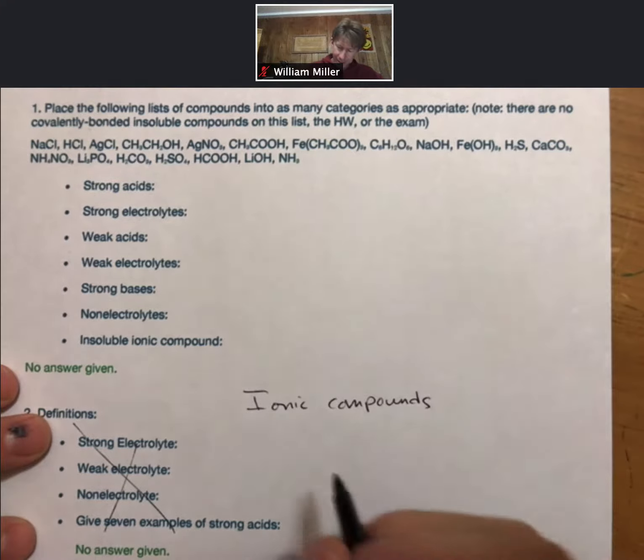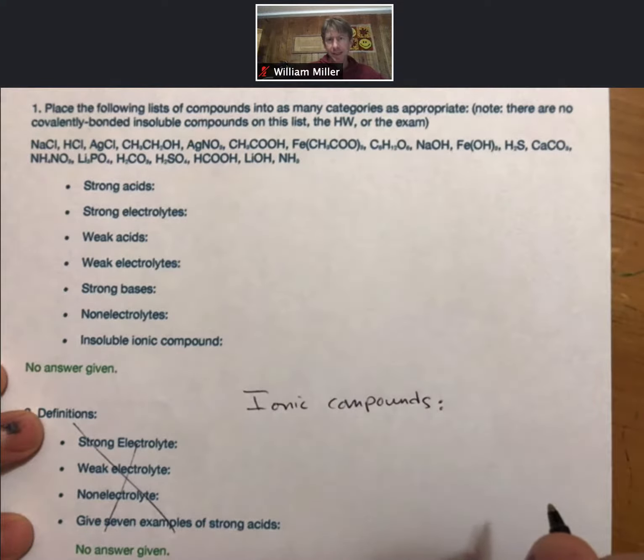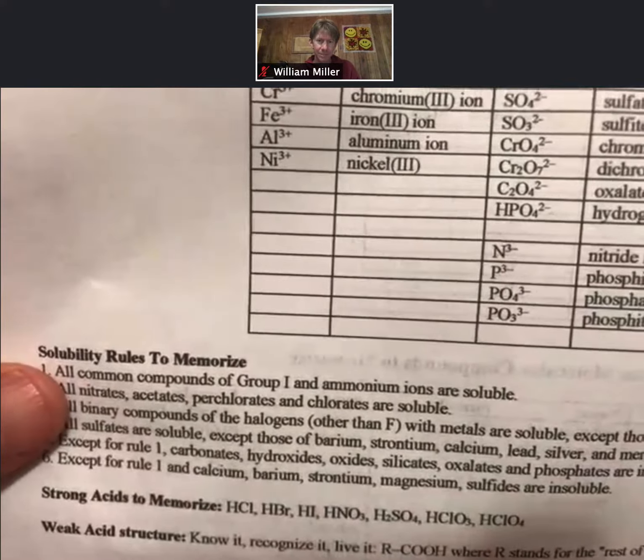And so the first thing we note about ionic compounds is that they contain ions, so it's important to know our ion list and be able to recognize them, if not name them. And here's our ion list, all of the ions that we have to know. And there's our solubility rules for this course.